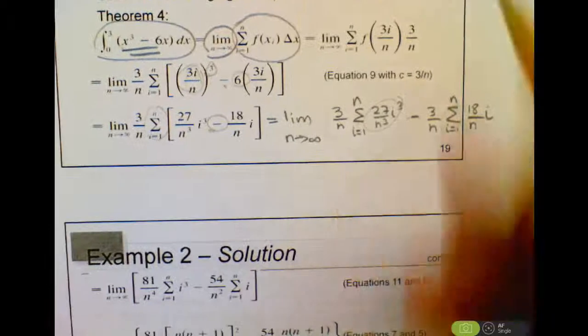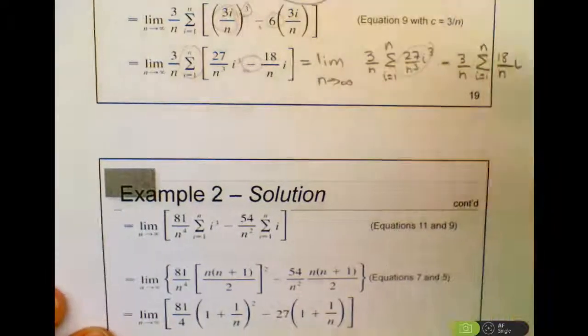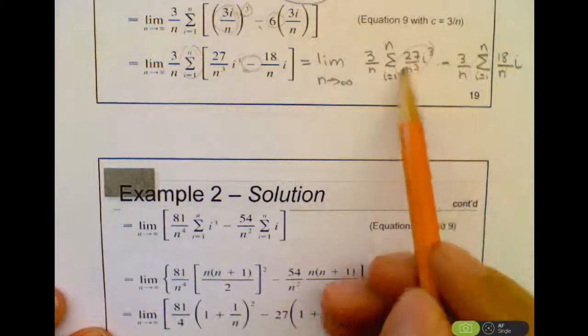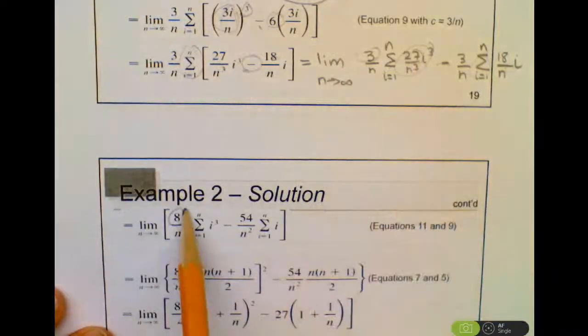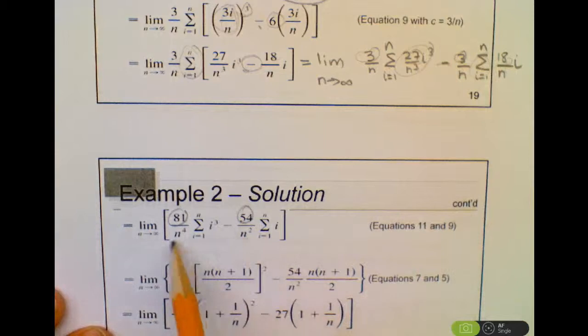Now, after this, 27 times 3 is 81, 18 times 3 is 54, and these n's can come outside the summation because they are considered constants. The only one that is not a constant inside the summation, according to this, is the i. So in here, the i has to stay inside.